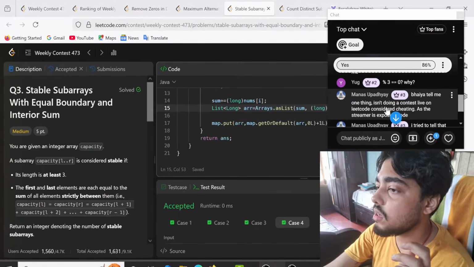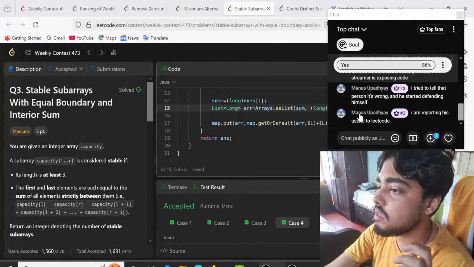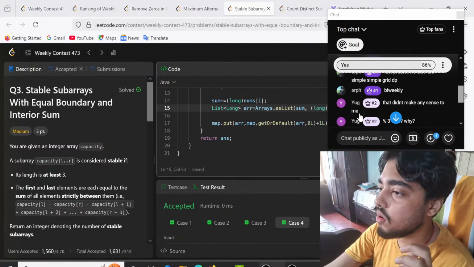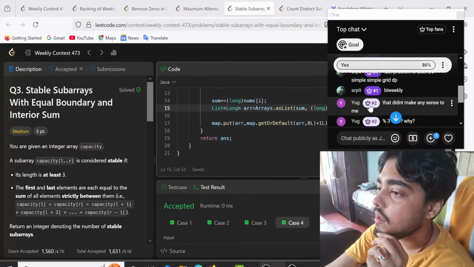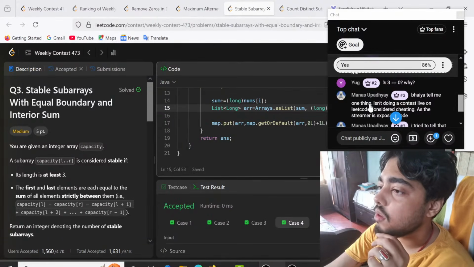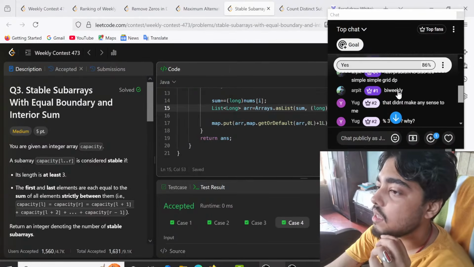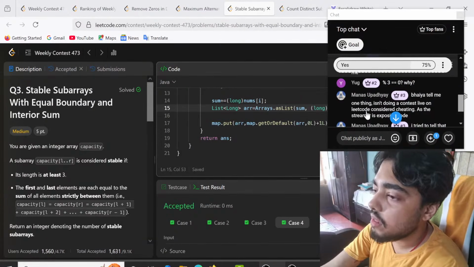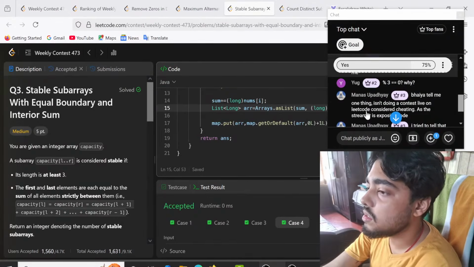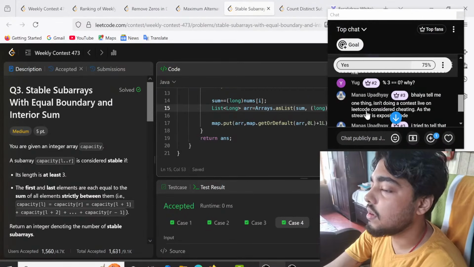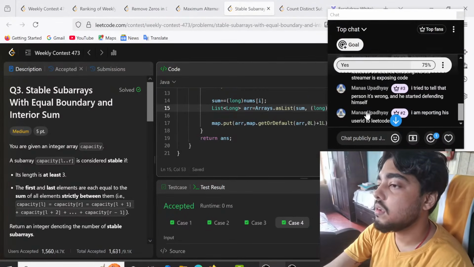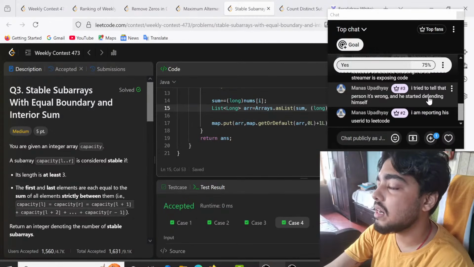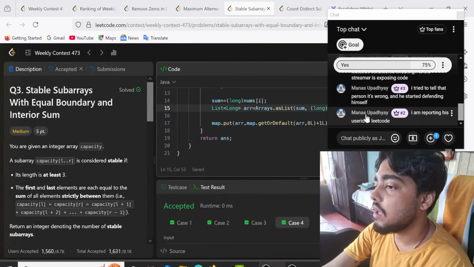Isn't doing a contest live on LeetCode considered cheating, as a streamer is exposing code? I tried to tell that person it's wrong and he started defending himself. I am reporting this.